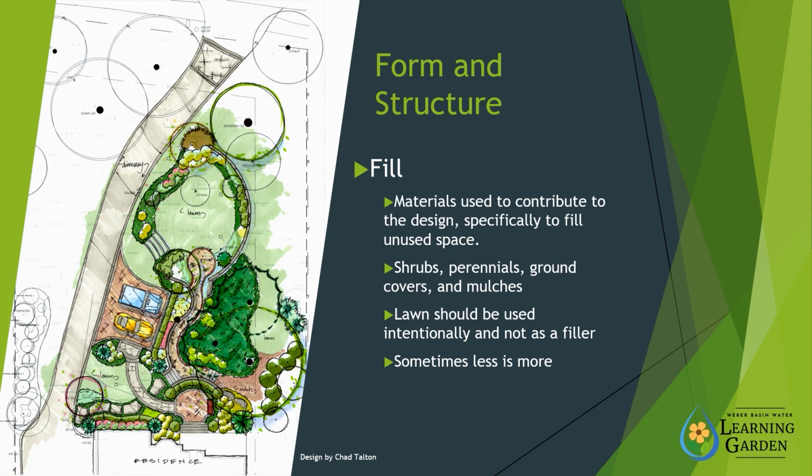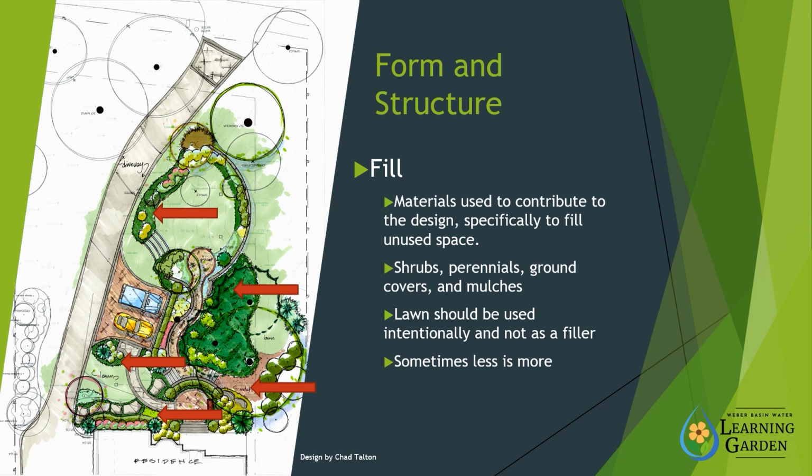And so they tend to be where your eye rests when it is looking at a design. Those fill materials tend to be shrubs that aren't really showy. Evergreens work really well in this type of application.